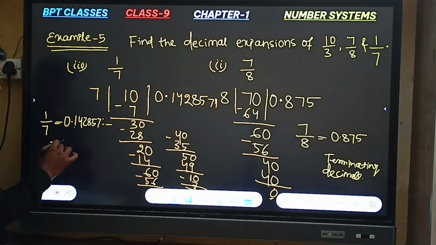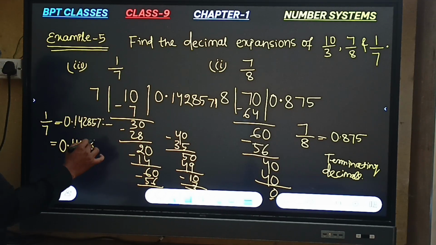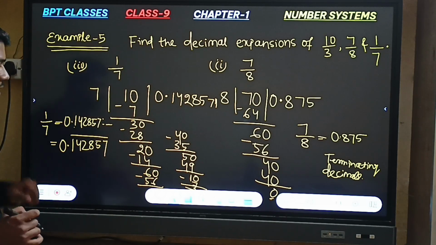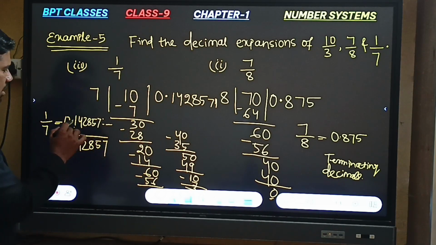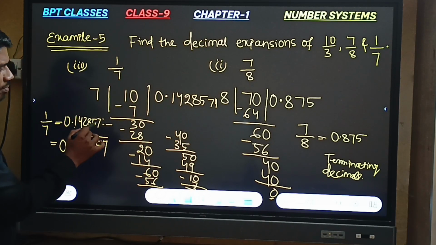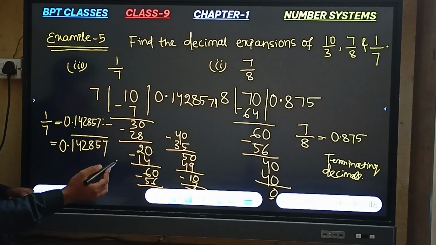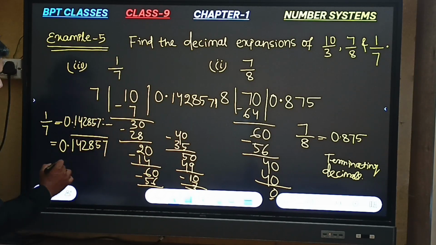If it is repetitive, you can write 0.142857 with a bar over it. So 1 by 7 repeats after 6 decimal places: 1, 2, 3, 4, 5, 6.